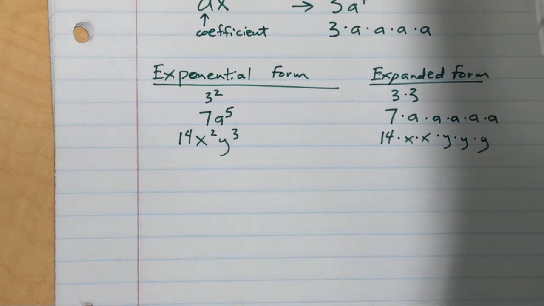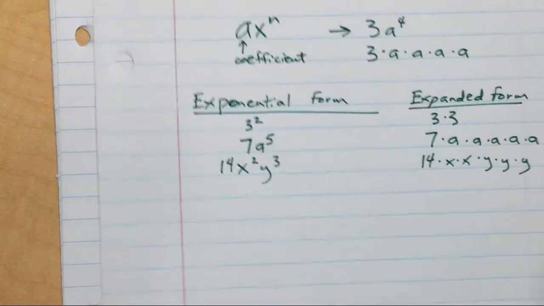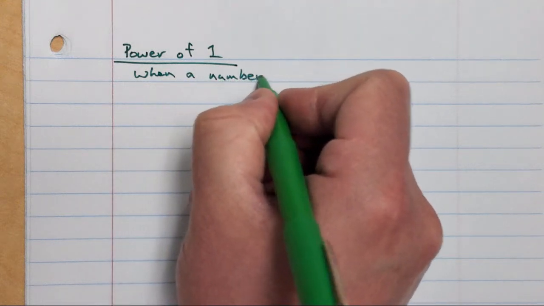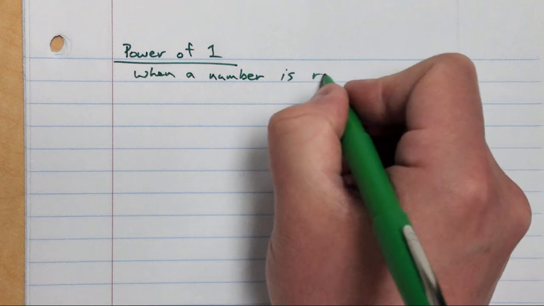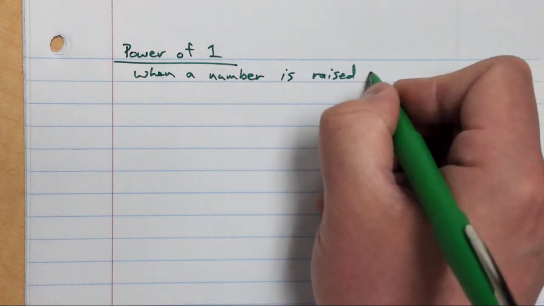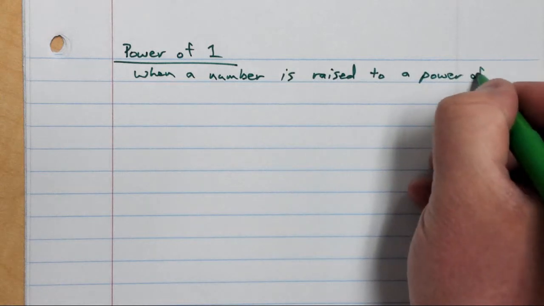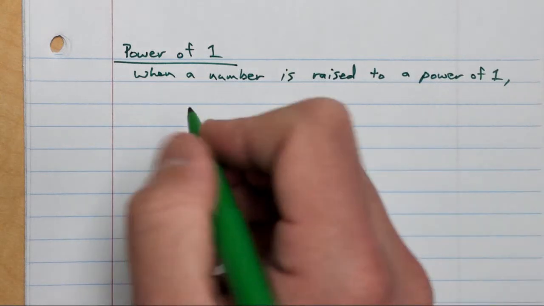So I'm going to move on to the bulk of the lesson right here. We have 3 rules we're going to learn today. One is the power of 1. When a number is raised to a power of 1, it equals itself.